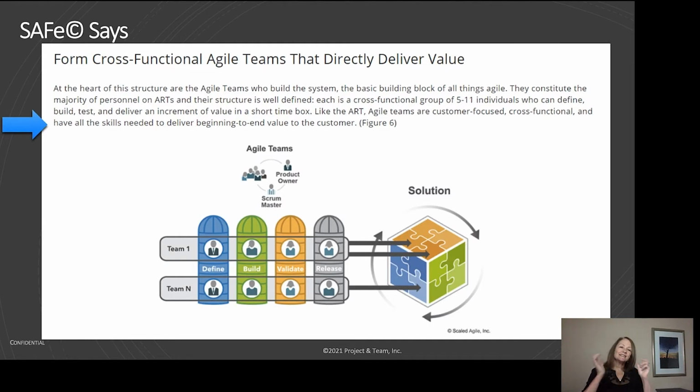Now, the Scaled Agile Framework, based on an underlying principle of Agile, says the best, most efficient way to develop something is with a small, cohesive team, really 5 to 11 individuals, and we need them to have all the skills necessary to deliver beginning-to-end value to the customer.